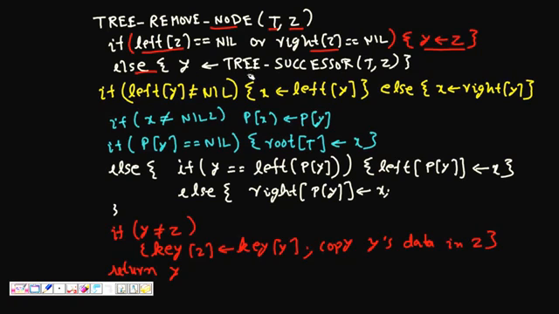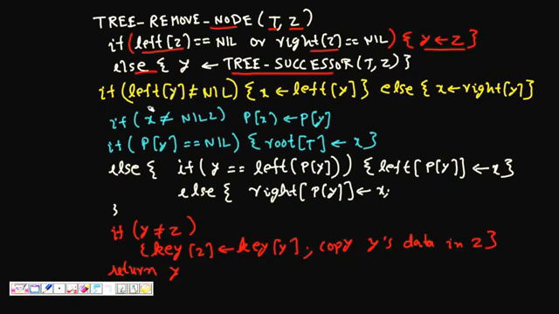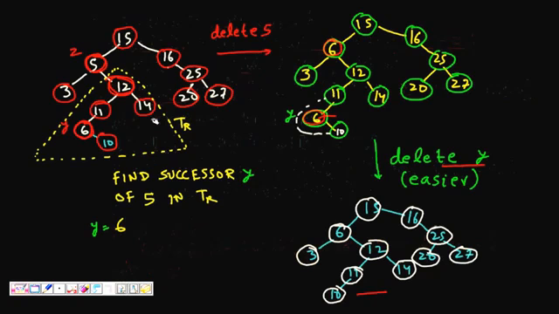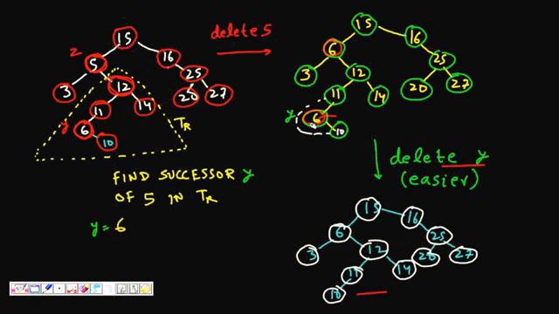Y is tree successor, so we find y, which is the successor of z. So the successor of z is now this one, y. We find y. Now let's see what we do. If left of y is not null, but in our case it is null, so we make x equal to right of y.